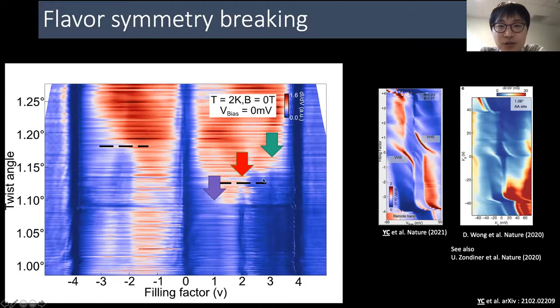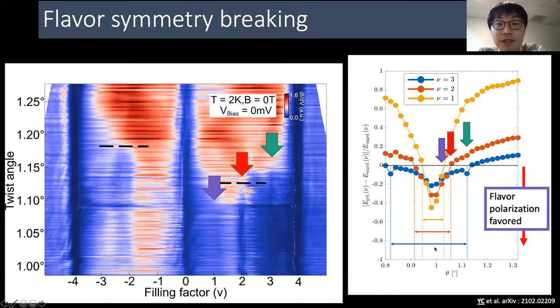They are connected to flavor symmetry breaking as seen in the spectroscopies, as well as compressibility measurement. And with our calculation, including Hartree effect, we find that these polarized phases are favored below certain angles. And according to the calculation, nu equals 3 starts first, followed by 2 and 1, consistent with the observation.